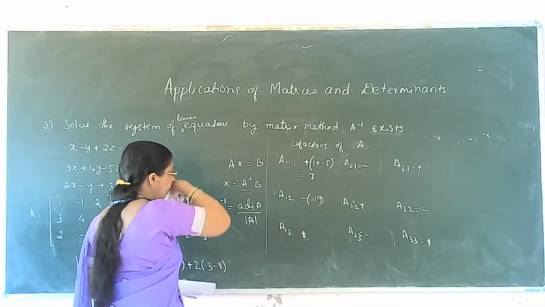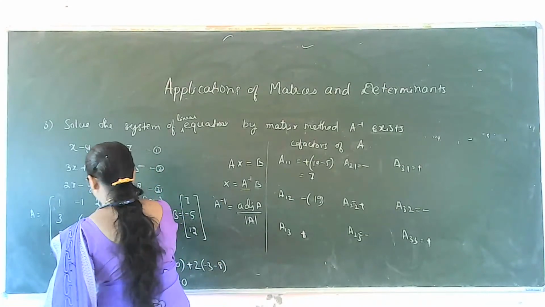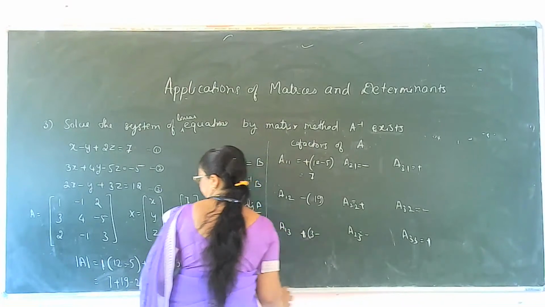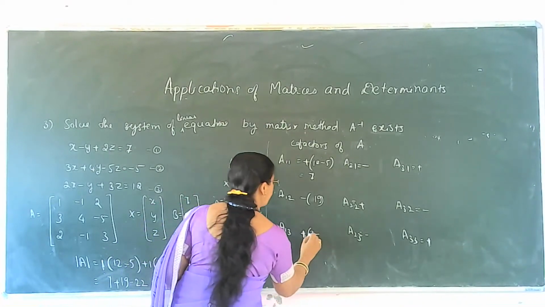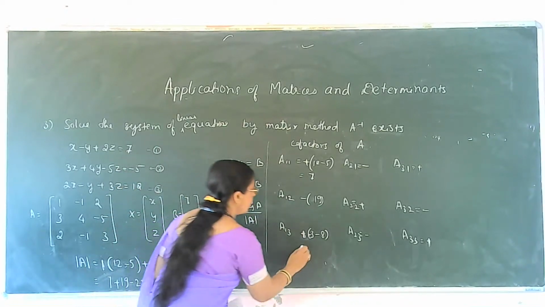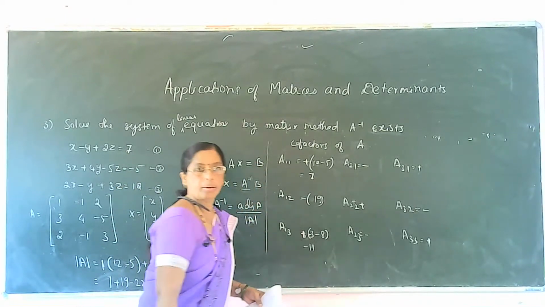A13 is deleting these two: minus 3 minus 8, which is equal to minus 11.